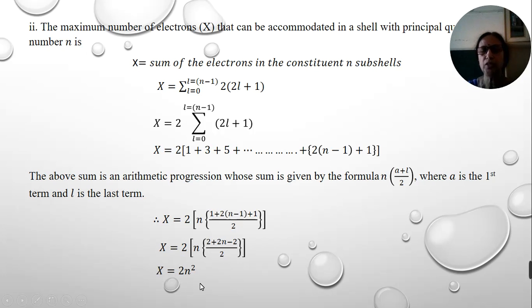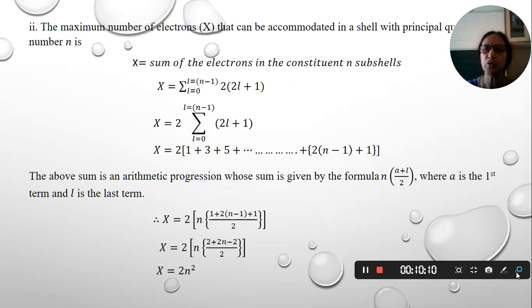So these are the two conclusions made by Pauli, and this will give you the maximum number of electrons that can be accommodated in each main orbit. So each main orbit can accommodate electrons by the 2n square rule. And each subshell can have the maximum number of electrons given by the formula 2 into (2L plus 1). So this is all about the Pauli's exclusion principle.